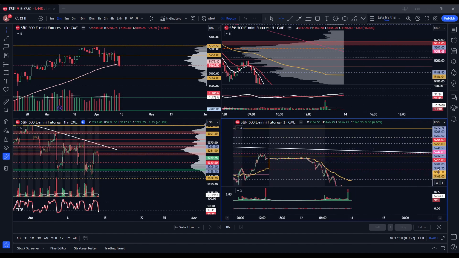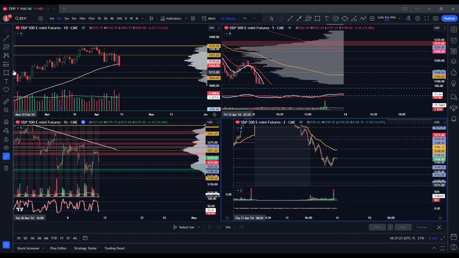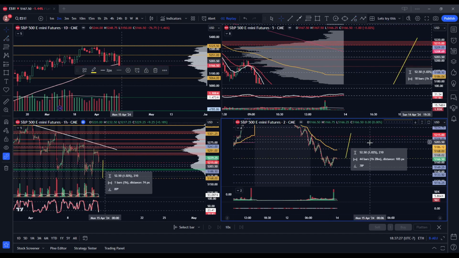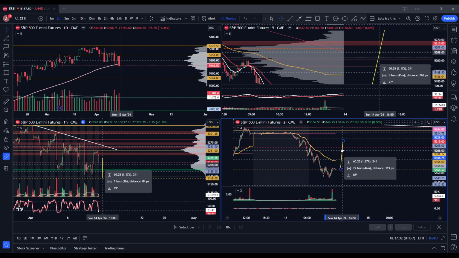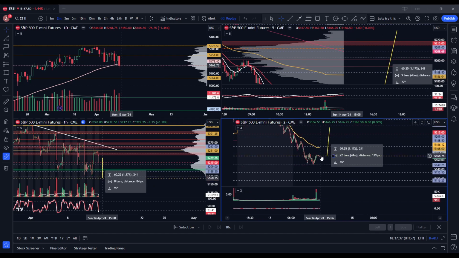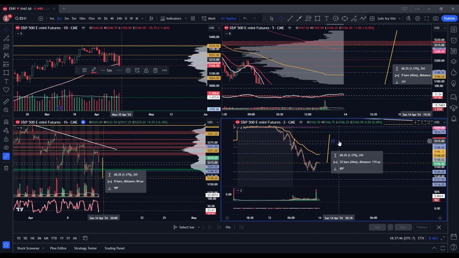For example, if on an average day we move 60 points, from here we could use our info line. So yeah, this is like 60 points. Let's say this is the average true range. If we open here on Monday, what would fall in this area? The furthest key level we have is at 52.15, and this is actually an intraday level, so we're going to delete that unless it shows up later on.